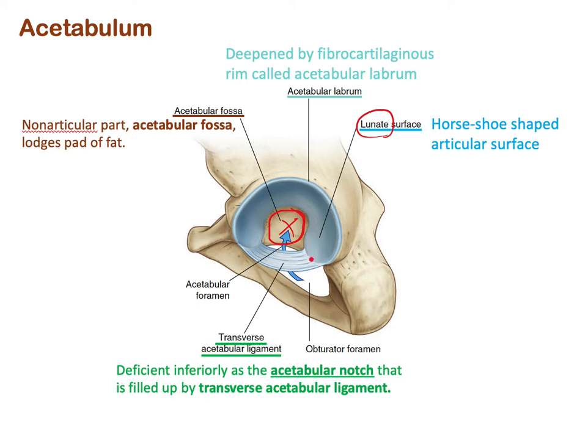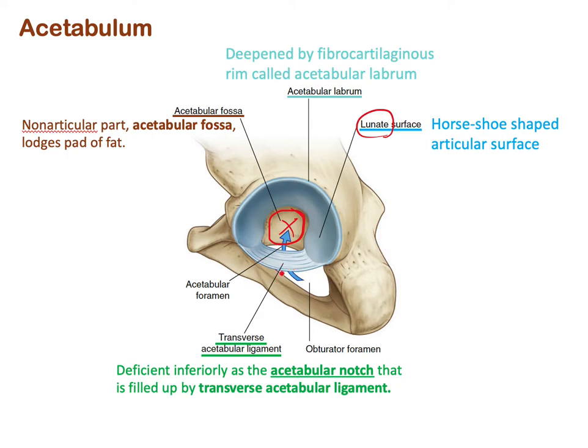Inferiorly, the gap of the lunate surface or the acetabular labrum is completed by a transverse ligament. Because it's in the acetabulum, we call it, which is simple to remember, the transverse acetabular ligament.